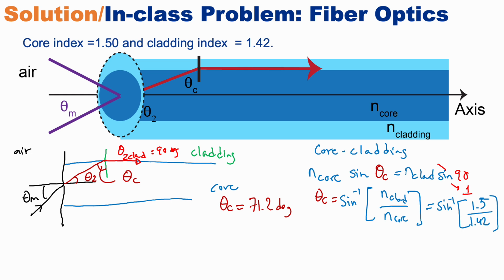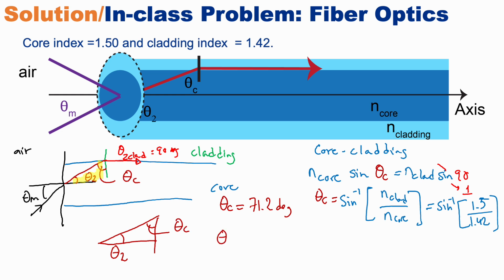Now what I want you to see is this triangle right there. I have this triangle where this is my refracted angle between the air and core, and right here is going to be my critical angle.